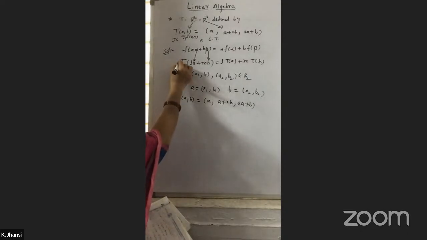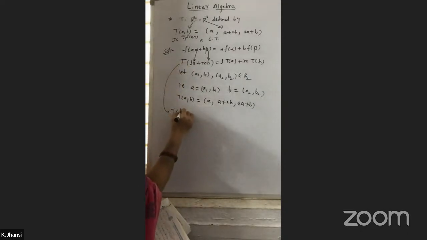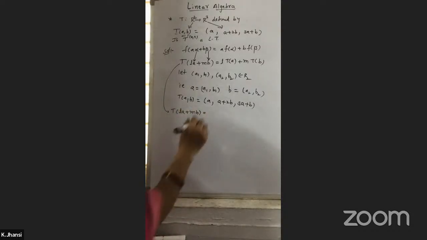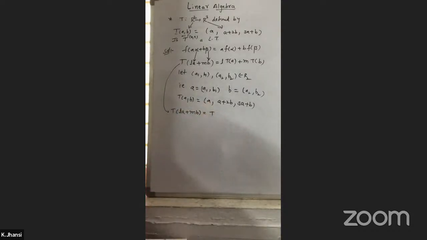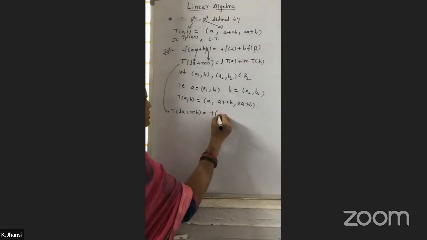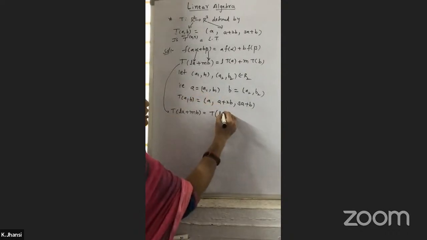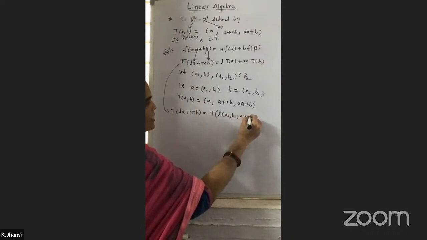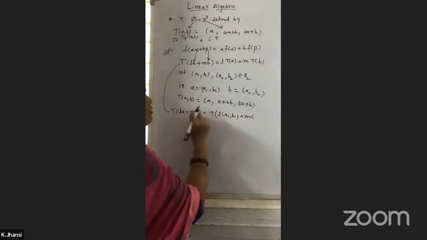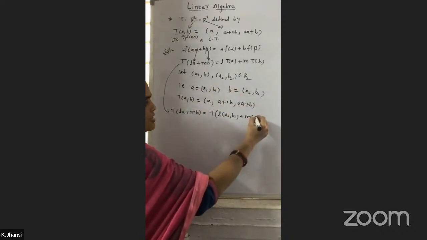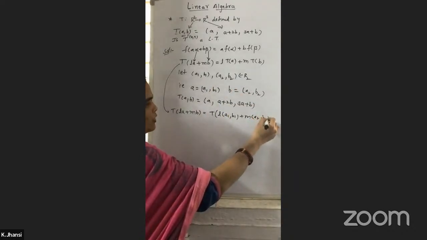Now, T of LA plus MB is equal to T of L into A, where A is defined as A1 comma B1, plus M into B, where B is defined as A2 comma B2.